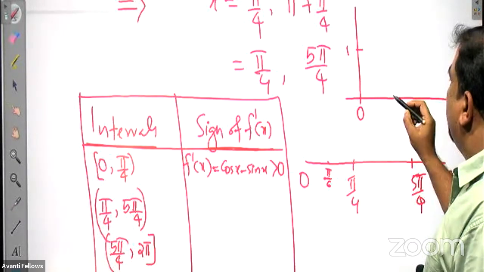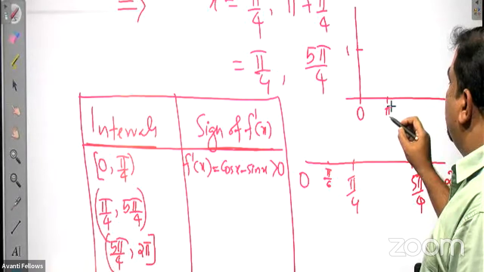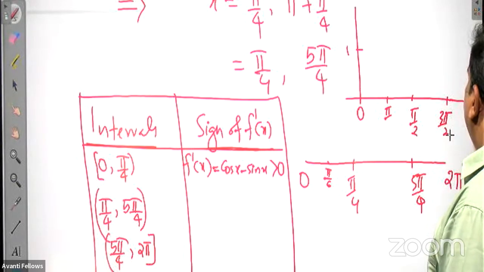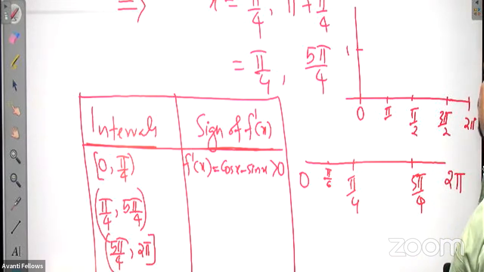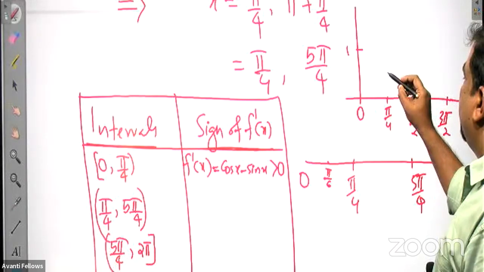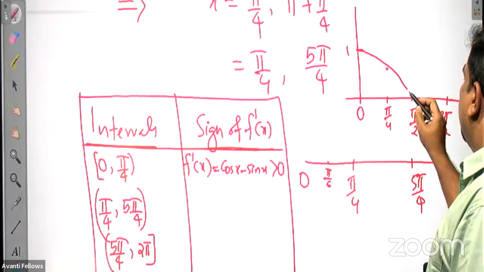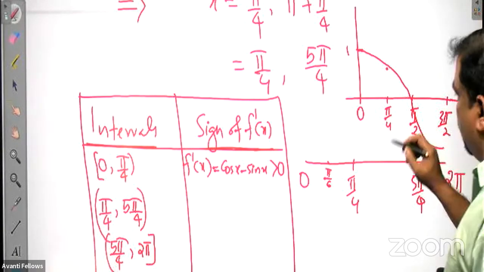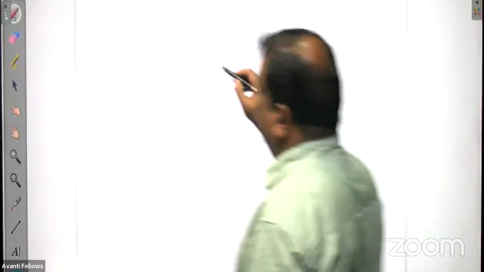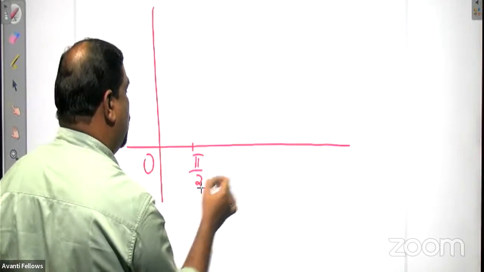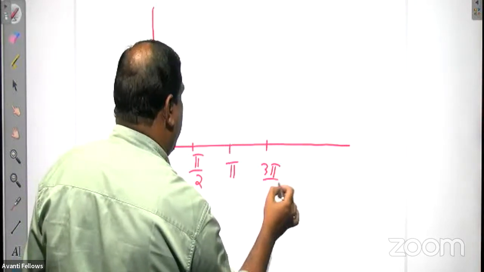Let me draw correctly. Mark 0, pi by 2, pi, 3 pi by 2, 2 pi.